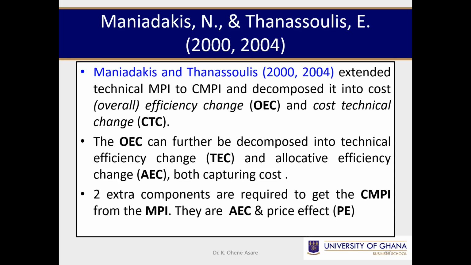The other one was technical efficiency change. So this one becomes cost efficiency, then the other one, technical change, which is the second part, becomes cost technical change. So it becomes all nicely done.